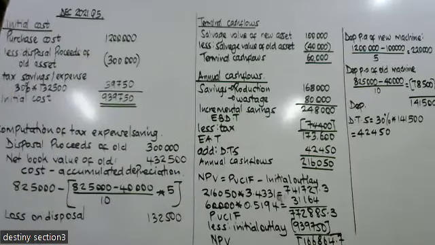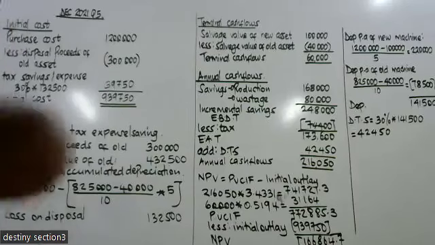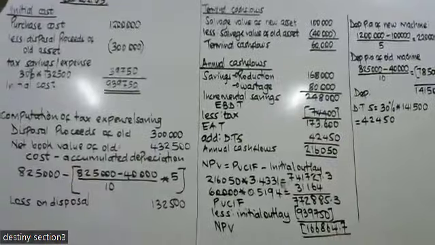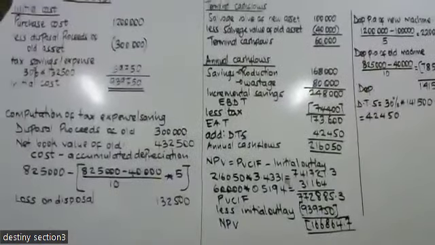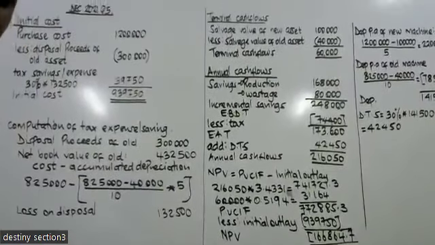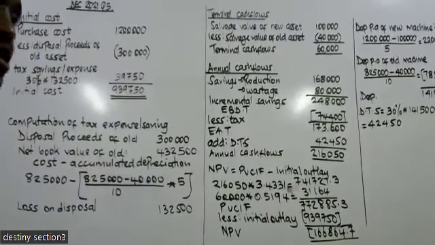So that is a negative. So you tell them to do what? Don't replace them. You tell them not to replace, because it is giving you a negative NPV. Don't replace the asset.